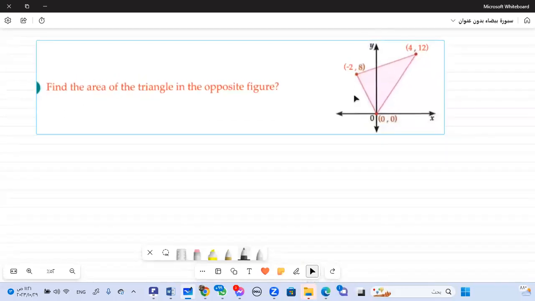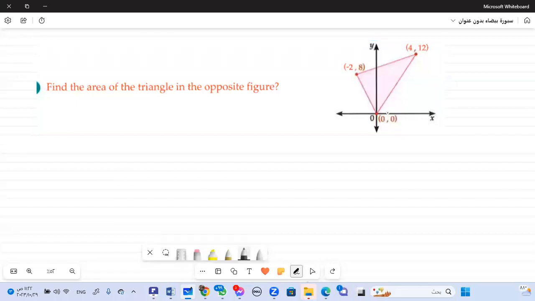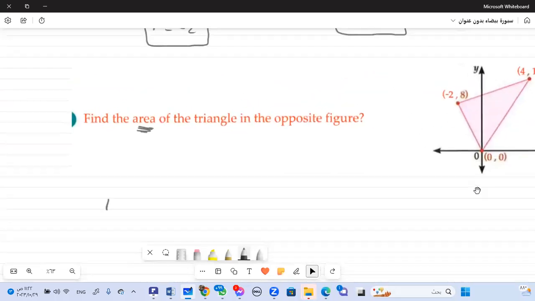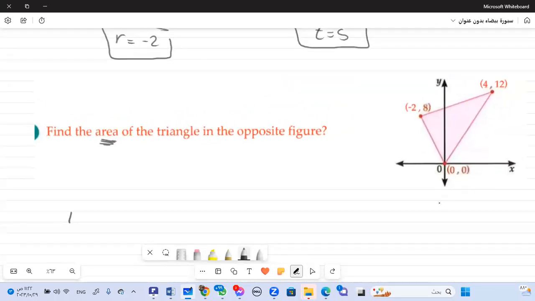If we start with 0 0, negative 2 8, and after that 4 12, maybe some students start with 4 12, negative 2 8, and 0 0. It is the same. But do not forget the area is a positive value with the absolute value. To find the area of the triangle is a very important exercise on the final, inshallah. So pay attention with me, please.